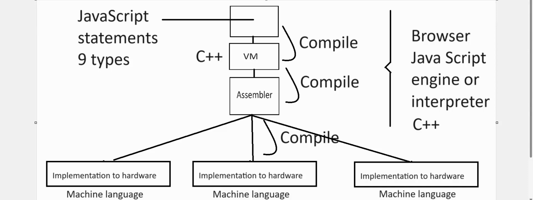Every application has its own compiler, and look at how many programs and compilers there are, and where it ends. Okay, and all that happens behind the scenes in the browser.